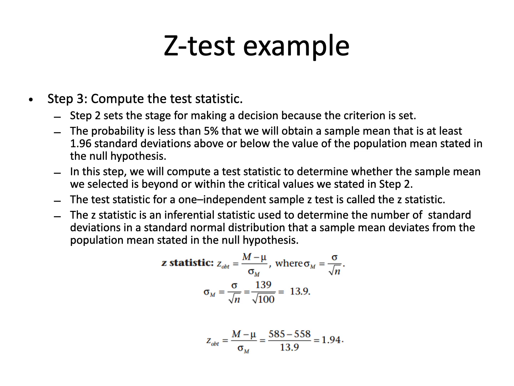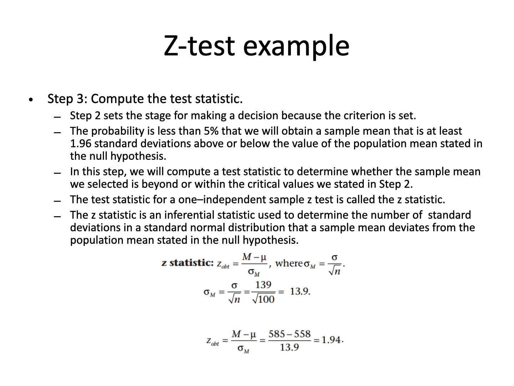As we have discussed before, there are various types of test statistics that we can use, basically on the basis of the number of samples and whether the standard deviation of the population is given or not. The z statistic is an inferential statistic. It is used to determine the number of standard deviations in the standard normal distribution that a sample mean deviates from the population mean stated in the null hypothesis.